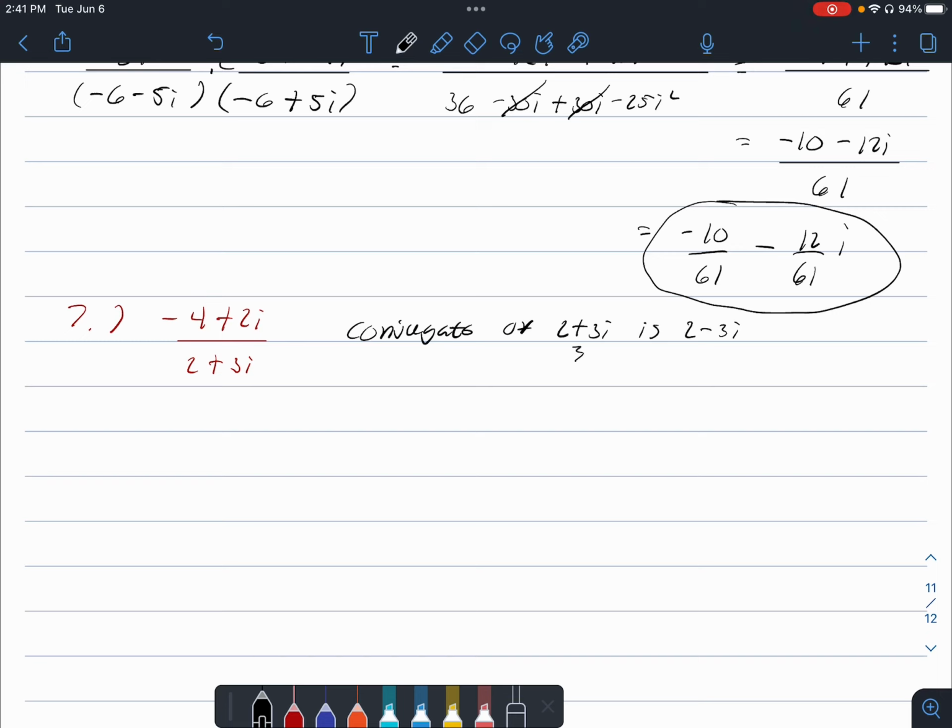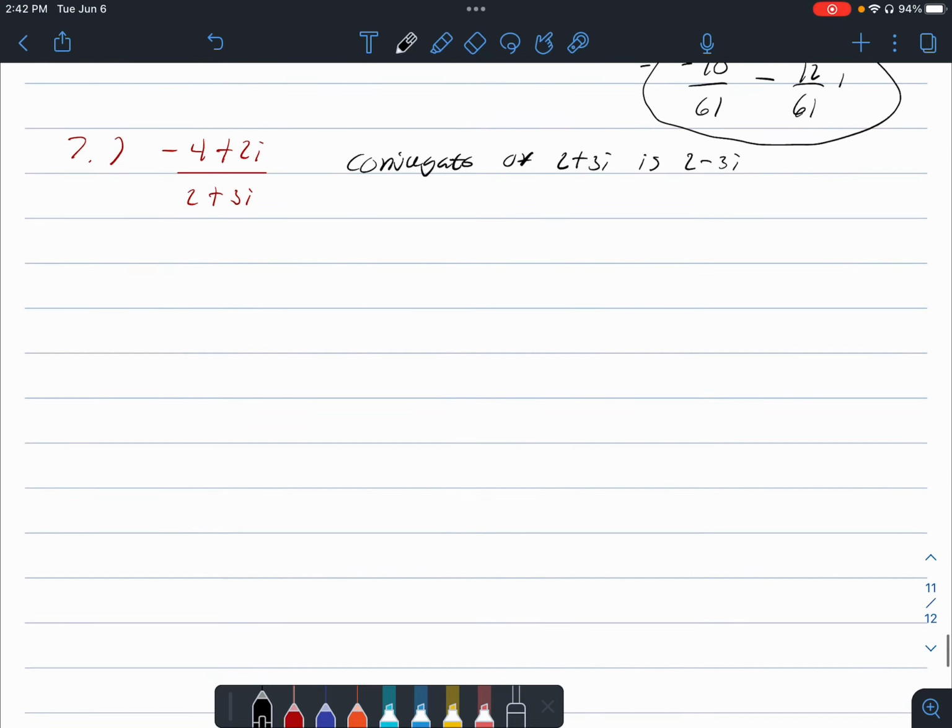You're not dealing with the sign of the number out front of the real component. You're just changing the sign of the imaginary component. That's all you're doing. So we're going to rewrite negative 4 plus 2i over 2 plus 3i as negative 4 plus 2i over 2 plus 3i times 2 minus 3i over 2 minus 3i.